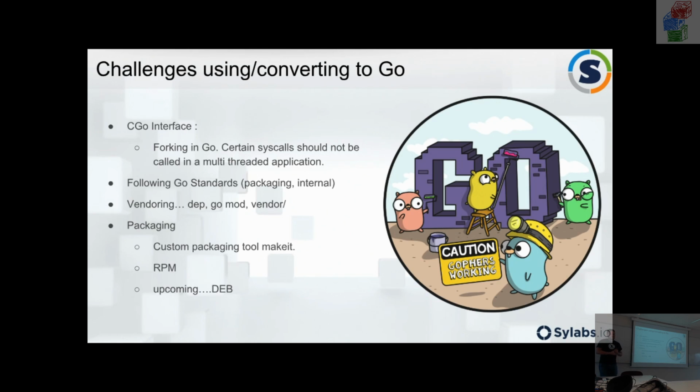But Singularity still is a very complex project, and one of our developers was not happy with how autotools were managing the way that we were handling CGO, because for doing CGO, you still need to do some .h libraries in C. So we developed a tool called Makeit that is allowing users to build RPMs, and the deb packaging is under work.